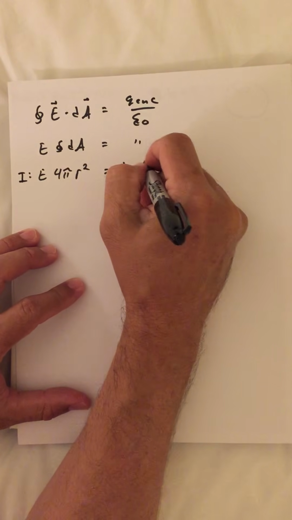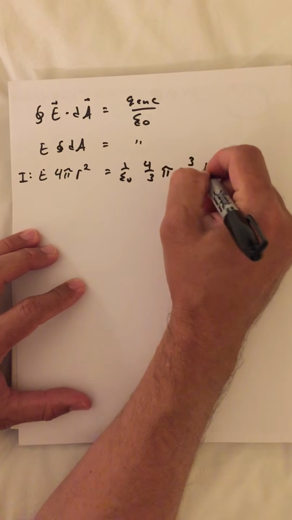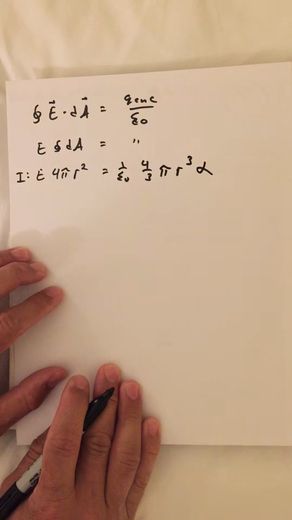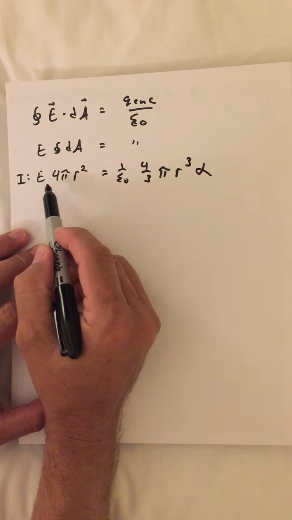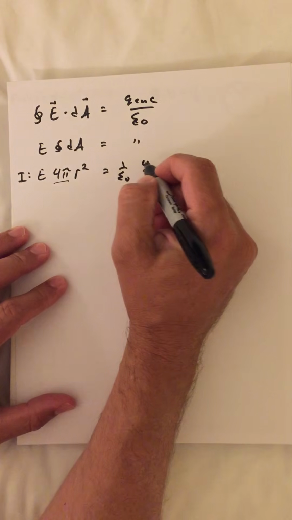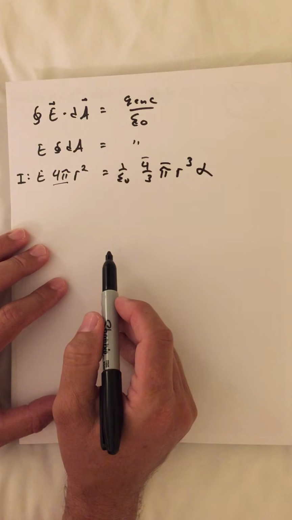Q enclosed is then 4/3 pi r cubed alpha. Alright, so what can I get rid of? Well, I can get rid of the 4 pi. That's going to cancel with this and this. Leaves me with a 1 over 3 here.